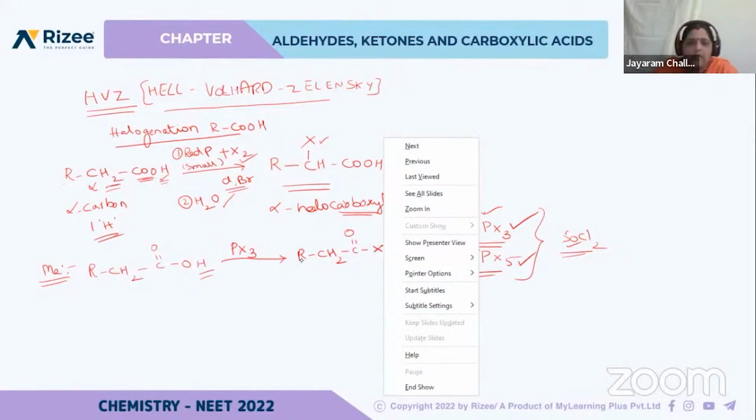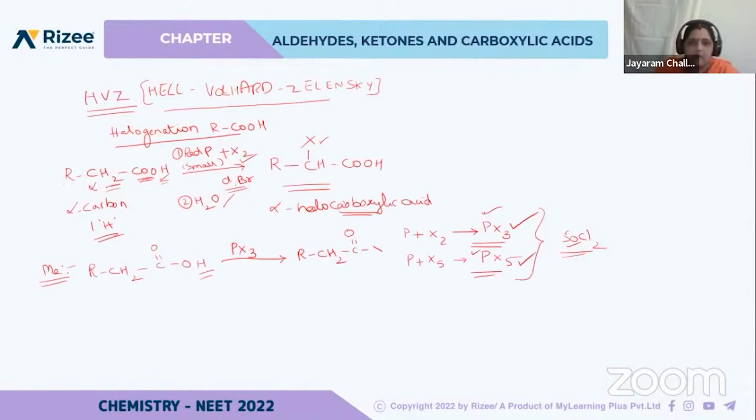Why are we doing it like this? Because we are eliminating the more acidic hydrogen. So our first purpose is to eliminate this more acidic hydrogen with the halogen.